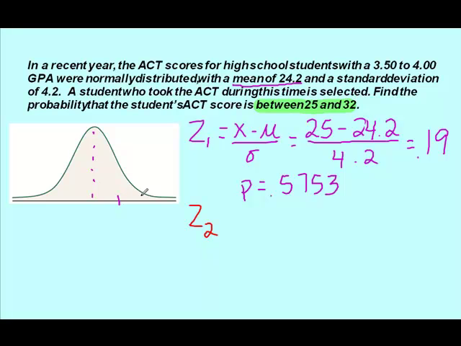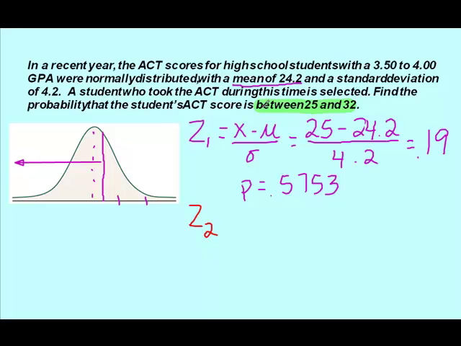Here's one standard deviation, here's two standard deviations. 0.19 would be around here somewhere. And it's saying, with a probability of 0.5753, that about 57% of the curve is behind it.